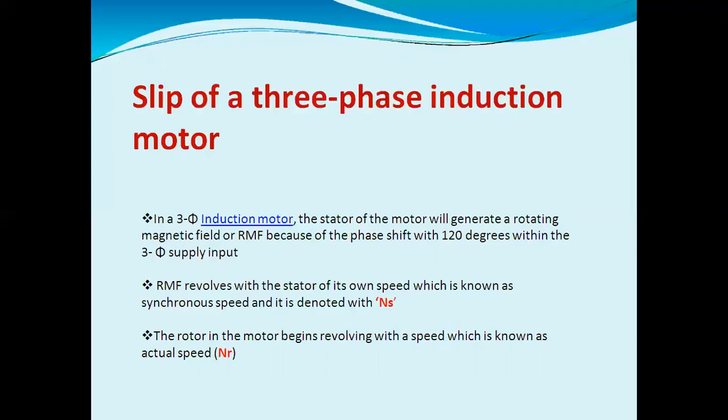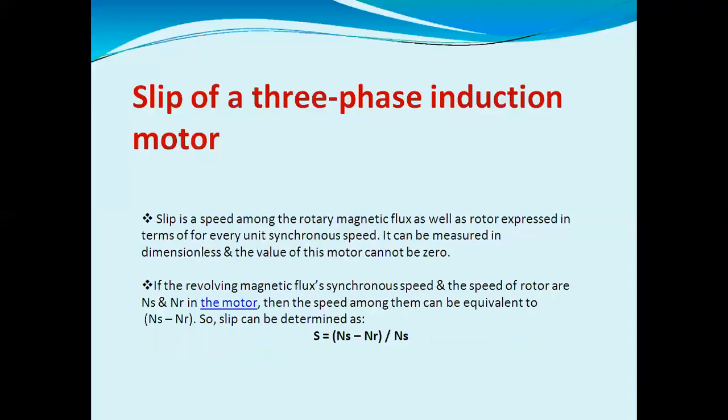The RMF revolves with its own speed, which is known as the synchronous speed, and it is denoted with Ns, that is also known to us. The rotor of the motor begins revolving with the speed which is known as the actual speed or the speed of the rotor, that is Nr.